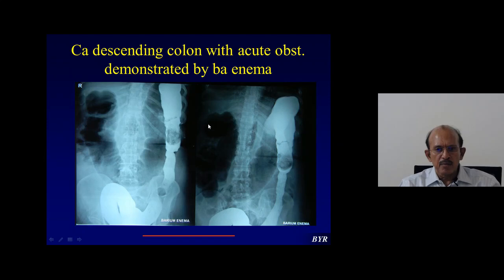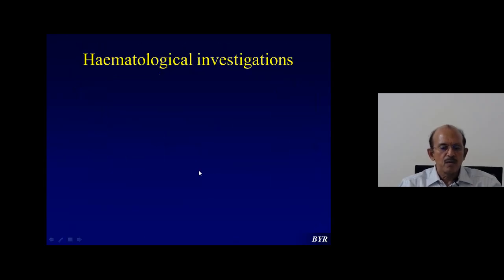Now you can see the bowel shadows here, which were not filled with barium. So the imaging studies are mainly the plain X-ray abdomen, and if you suspect some colonic obstruction, you can go for the barium enema.